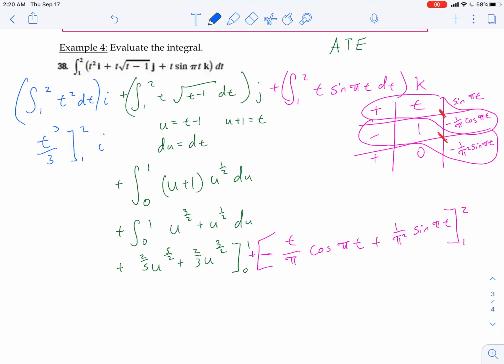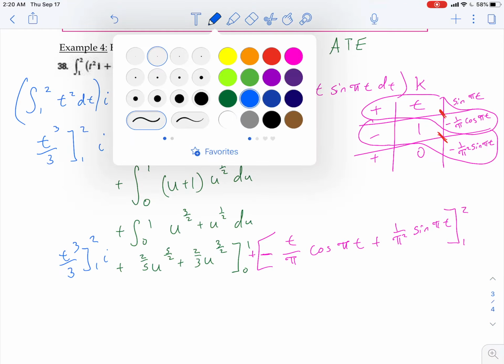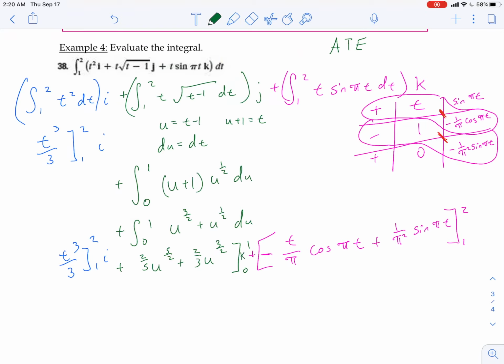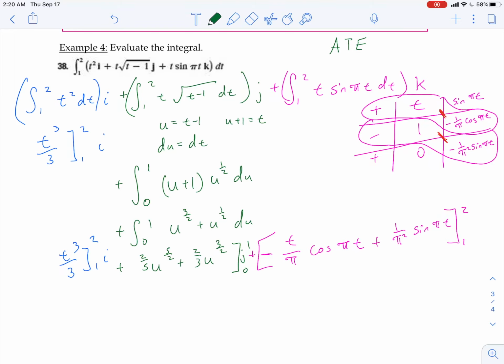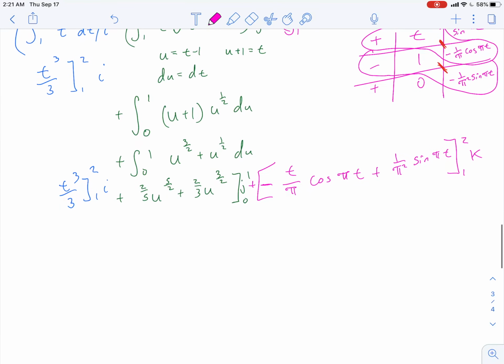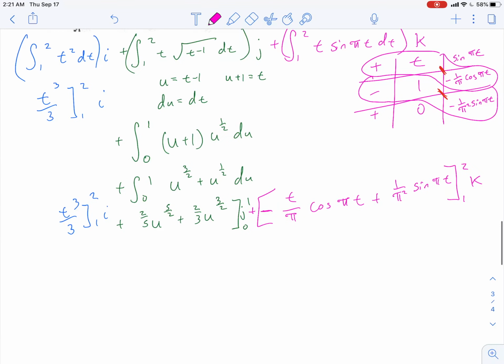All right. Now I'm going to bring down what's in blue, and we're going to substitute everything in. So I have t cubed over 3 from 2 to 1. I forgot to put my k down, and, oops, that's not k, that is j. I have to put my j down, and then forgot to put the k down. So there's k.